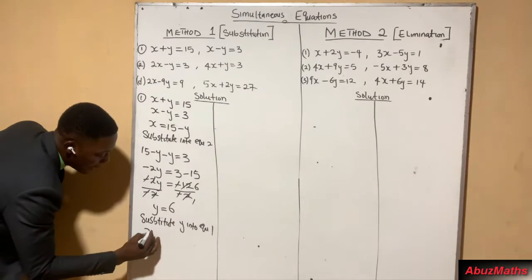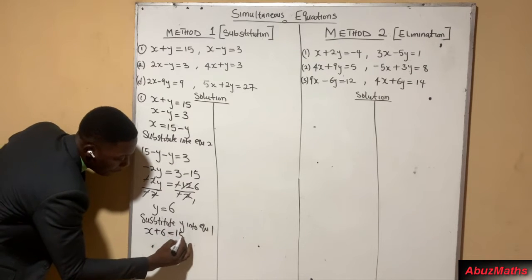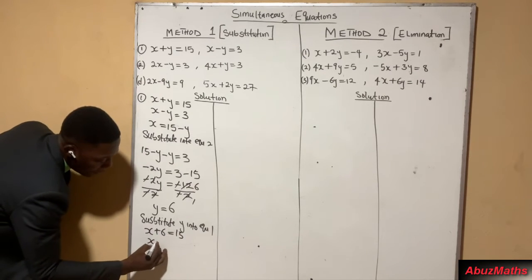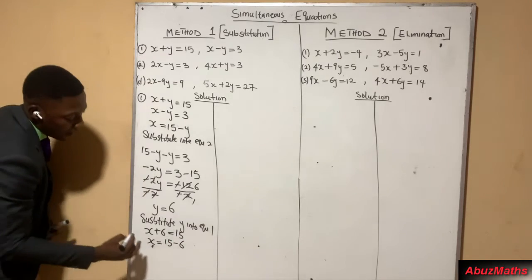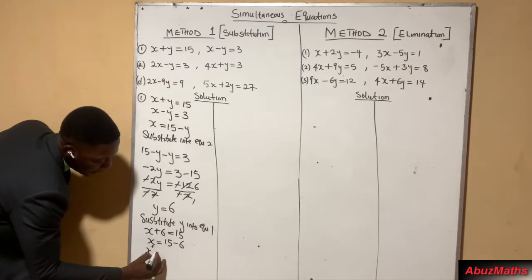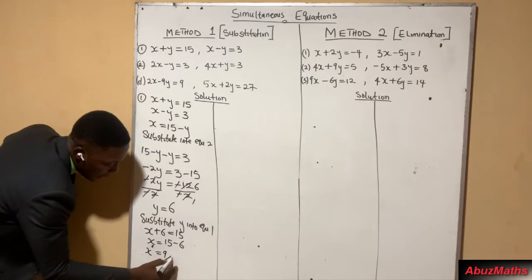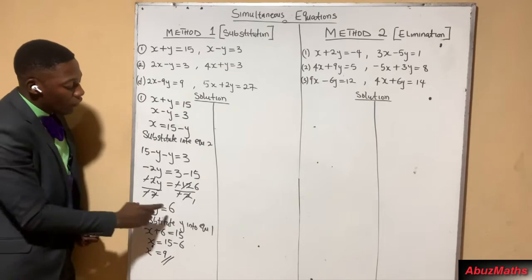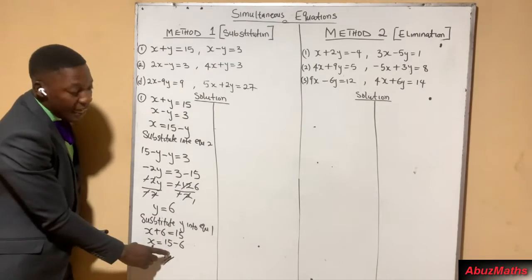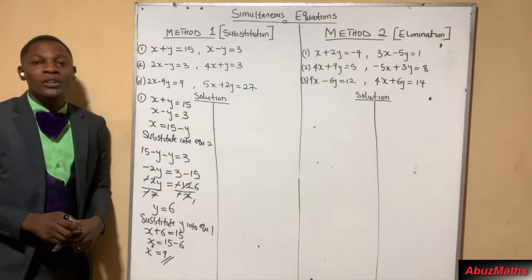So that means x plus 6 is equal to 15. That means x will be equal to 15 minus 6. That means x is equal to 9. And that gives me my answer. So I have successfully gotten the values for y and x at the same time using the substitution method.